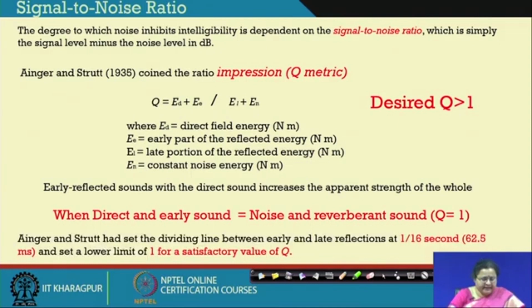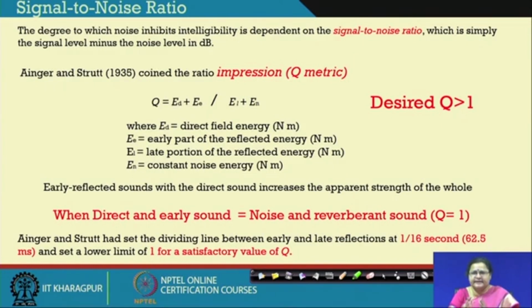And again, Enger and Strutt in their experiments set the dividing line, because you have to find out which is the late portion of the reflected energy. To get it, you need that time, which in the precedence effect is told for speech as 25.